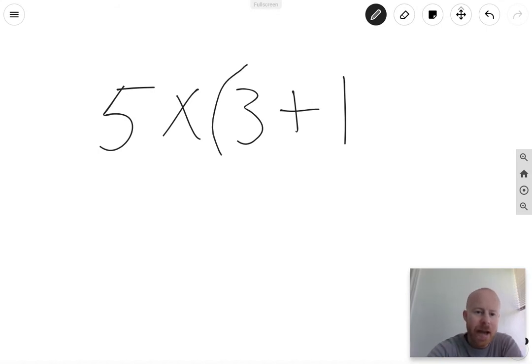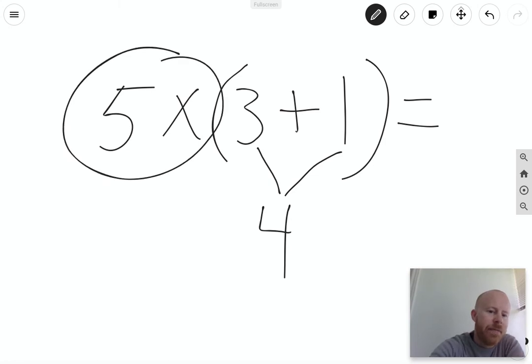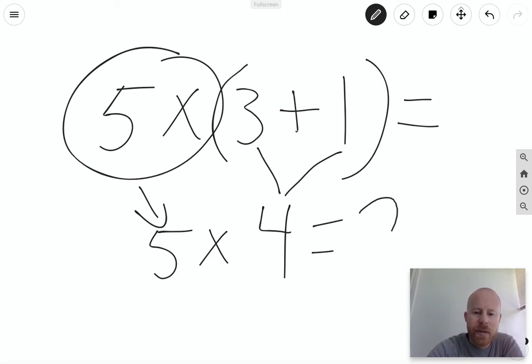But if I add parentheses, these always go first. So now I must do my parentheses first. So 3 plus 1, I would go down as 4. And then I would bring down my 5 times. Goes right there. 5 times 4 equals 20.